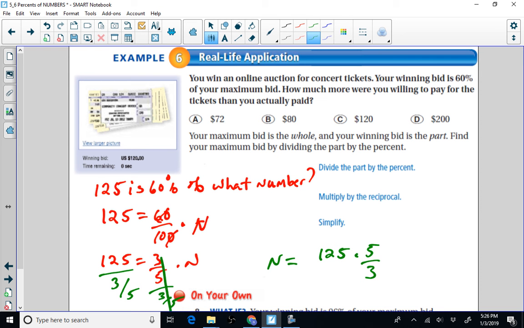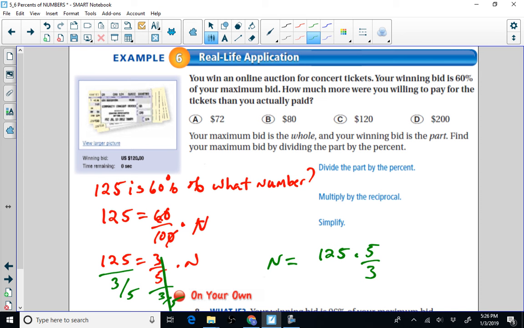Let's see, can I divide out anywhere? 125 times 5/3. Can't divide out anywhere. So let's see, 125 times 5, then divide that by 3.